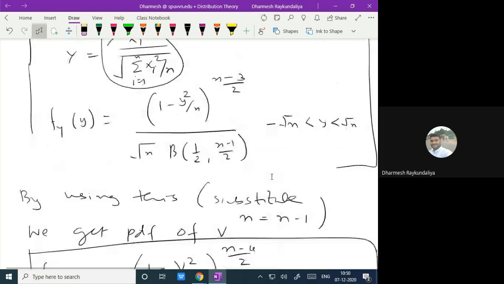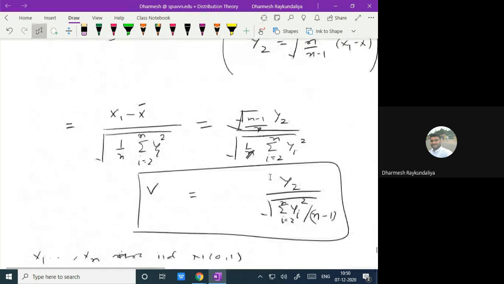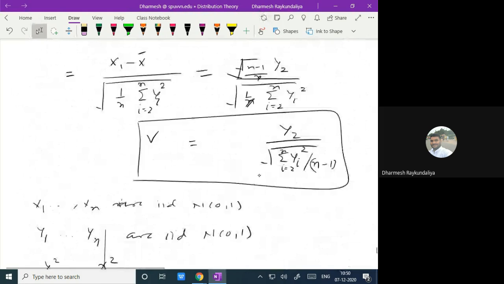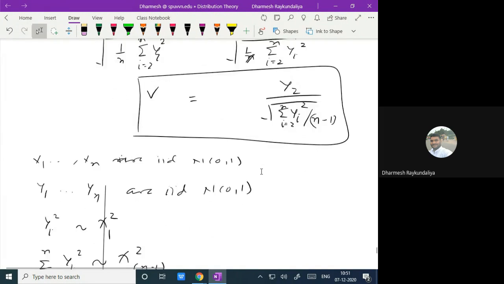While solving this example, you have to come to this, and then again you have to amend or augment the methods of the previous examples, how we solved it with Y equal to X1 upon the square root of summation Xi squared upon n.